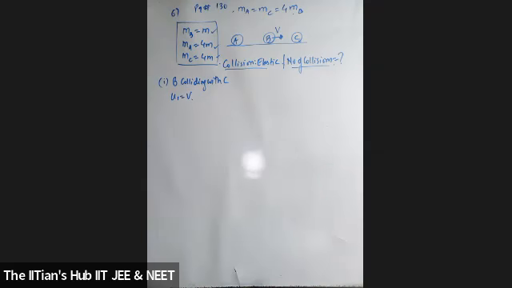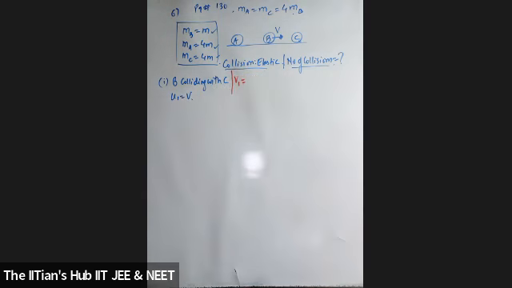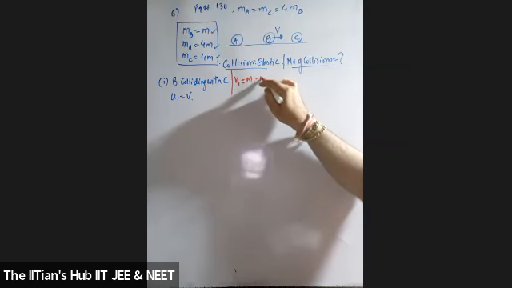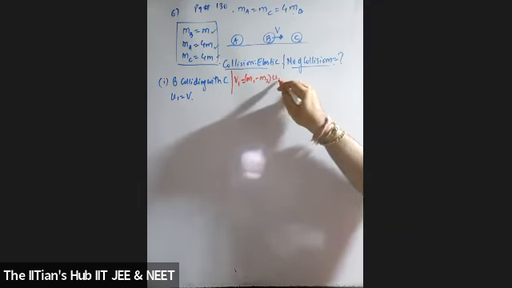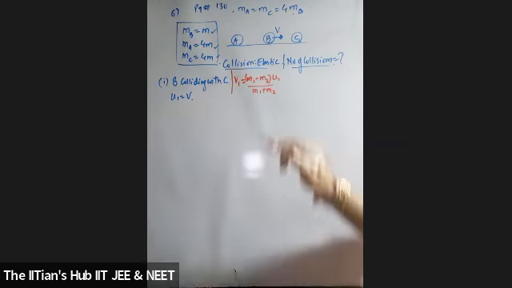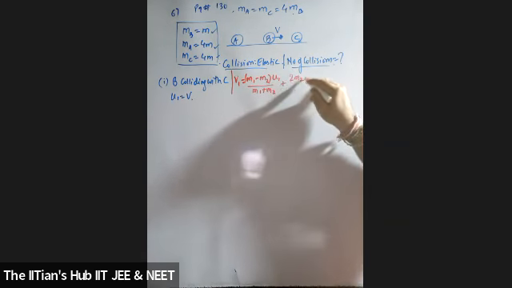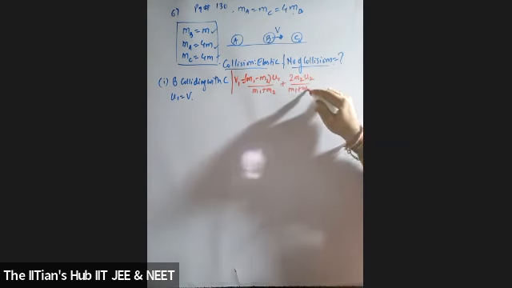Let me put forward the formula now. Please pay attention, students. Let me put forward the formula for V1 and V2 first. Everybody should know the two formulas, for the velocities of the bodies after collision. V1 is (m1 minus m2) into u1 upon (m1 plus m2), plus 2 m2 into u2 upon (m1 plus m2).